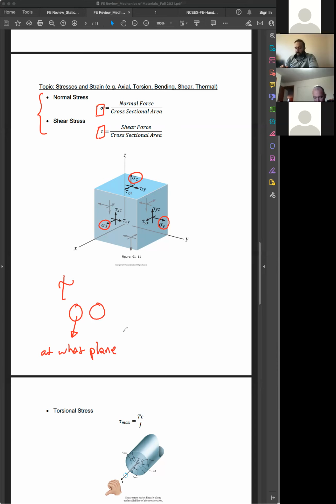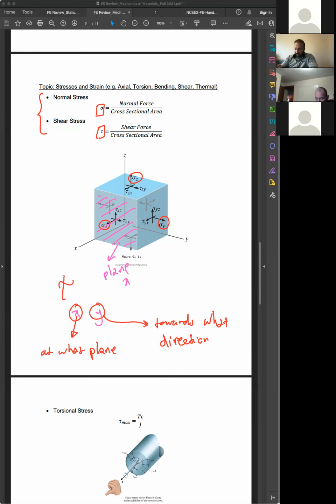So when we say tau something by something, the first one means at what plane the shear stress exists, and the second one is towards what direction. For example, when I say tau xy, it means it is in the plane of x, which is this plane, towards the y-axis.